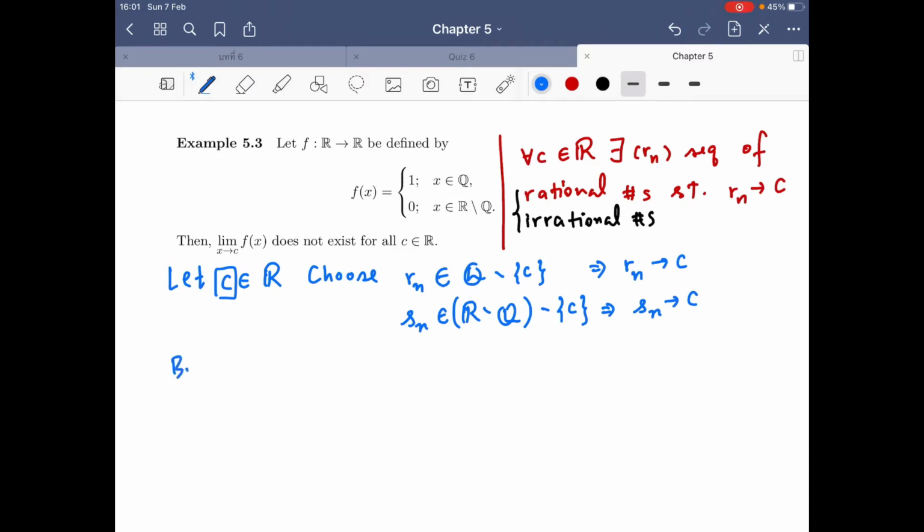However, the function value of Rn, because Rn is all rational, will always take the value 1, and because this is a constant sequence 1, it goes to 1.